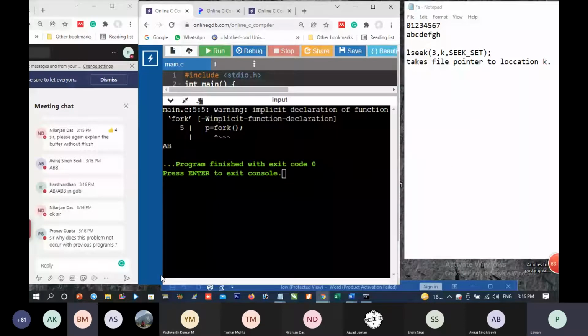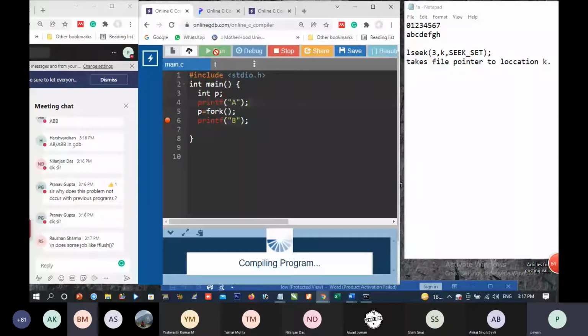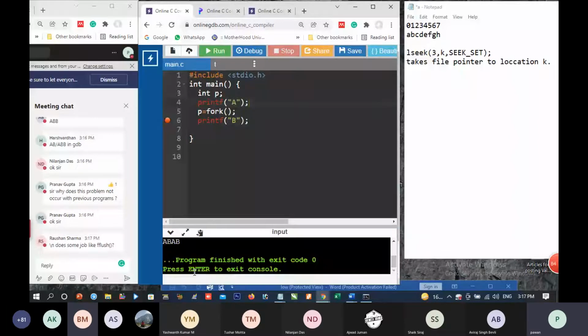Pranav, when the \n is used, then the buffer is automatically cleared. Is it correct? That is why the problem was not there in the previous programs. Pranav, is it clear? Yes. In the GDB editor, only AB can come because parent is also printing AB and child is also printing AB. Maybe the parent is fast and the parent dies. Child doesn't get a chance to print. Yes, fully correct.